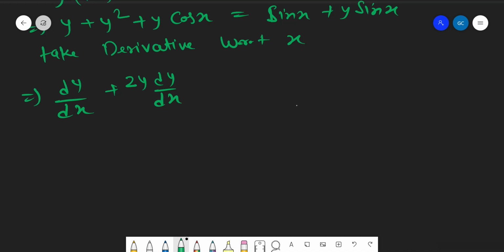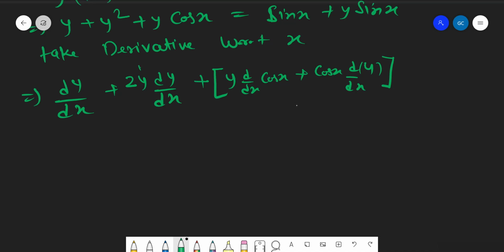In the previous question I explained this part. Then here we have to apply the chain rule, two different functions. So the first function times the derivative of the second function, plus the second function times the derivative of the first, that is y, right?